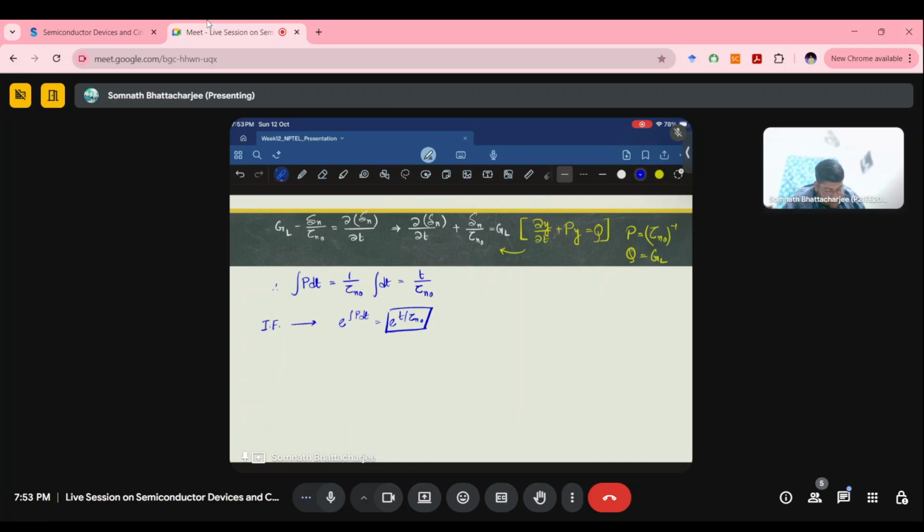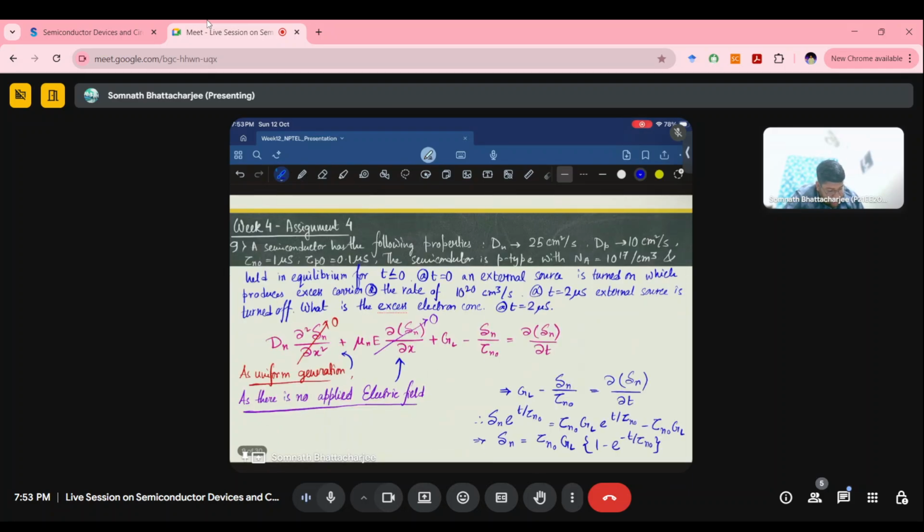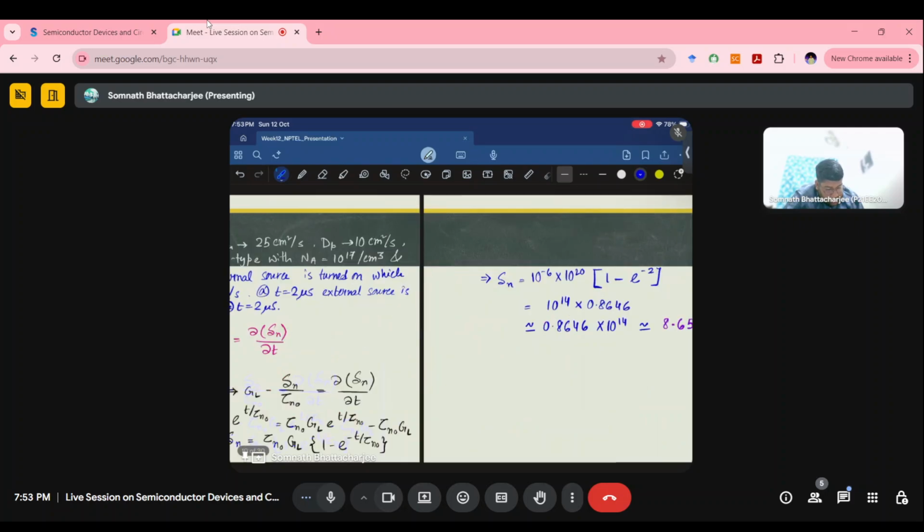Now how to write the equation? IF multiplied by y equals the integration of IF multiplied by Q dx plus C. This is the basic integrating factor equation. So IF is e to the power t by tau n naught, and we have written exactly that here.